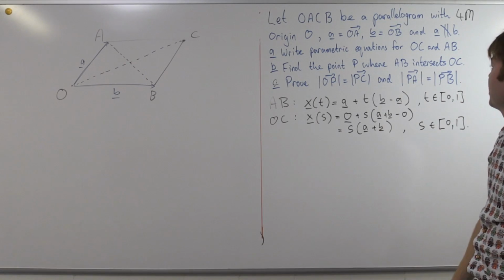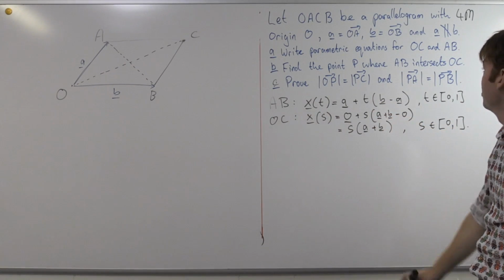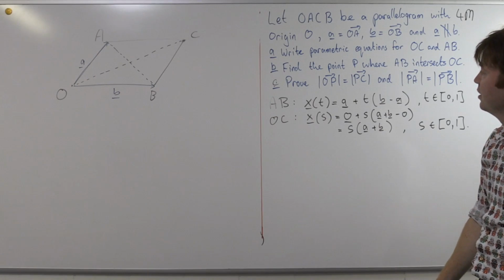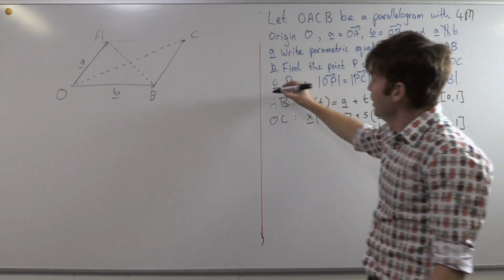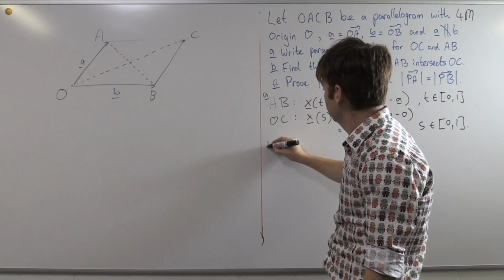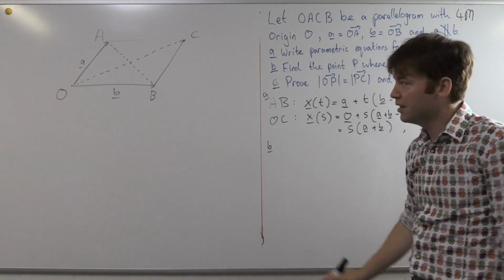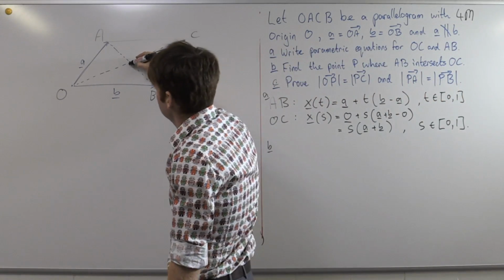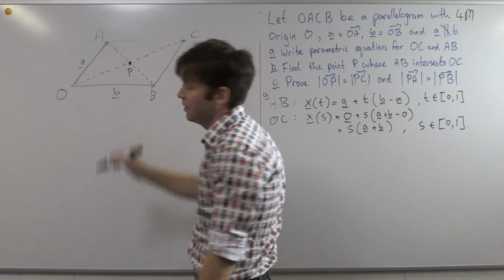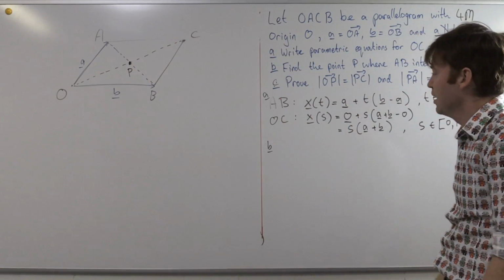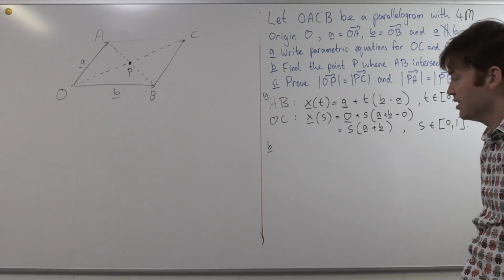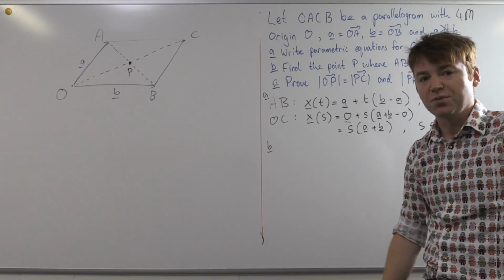Okay, that's part A. We have parametric equations for OC and AB. Part B now asks you to find the point of intersection of these two lines. So here's another point, P, and we have to intersect them. And you intersect them in the same way that you'd intersect any two objects that you were given.